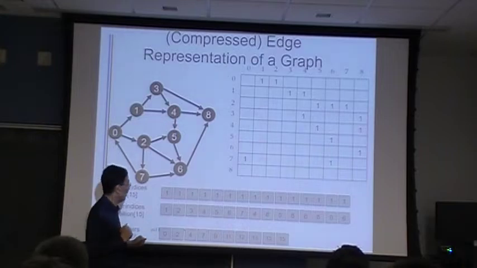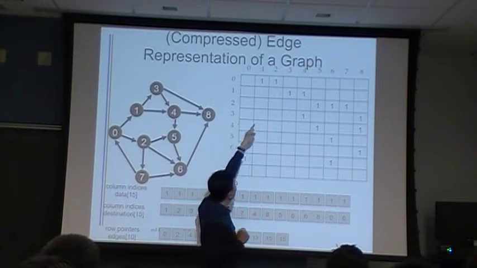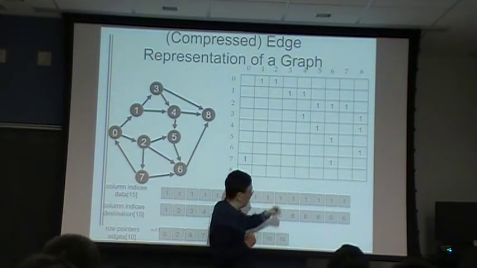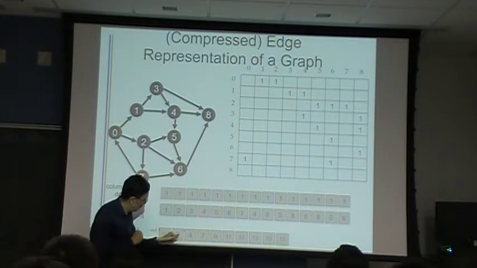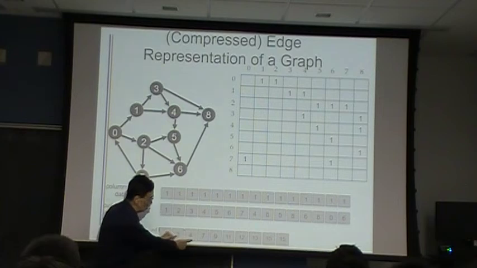Now, the next one, node 1, also has 2 of these edges. One goes to 3 and one goes to 4. So when I look at this, I know that it starts with location 2, and the next one starts at location 4.